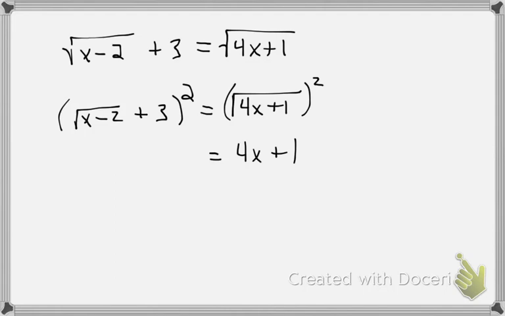So what is my a squared? x minus 2. What is my 2ab? 6 square root of x minus 2. You guys remember that? And then your b squared is 9. You guys remember me doing this last time, right?